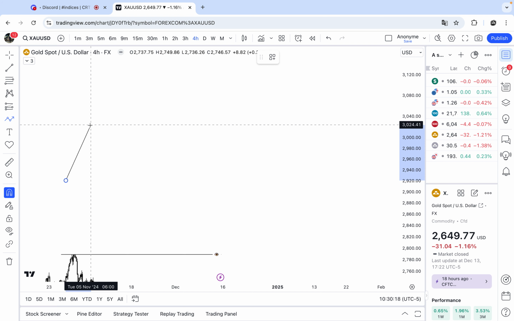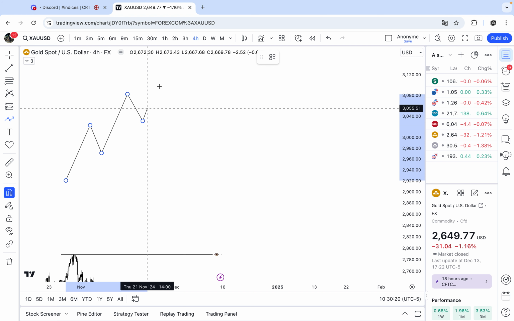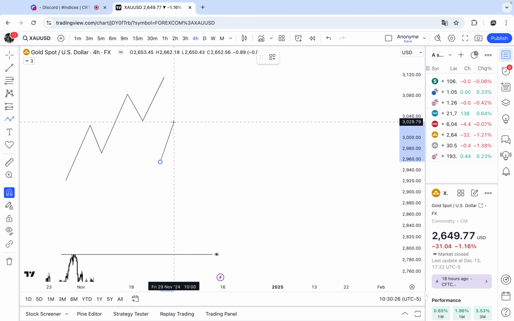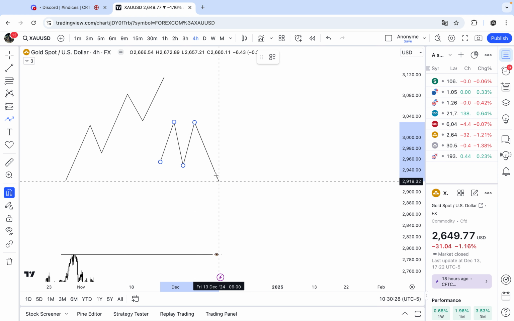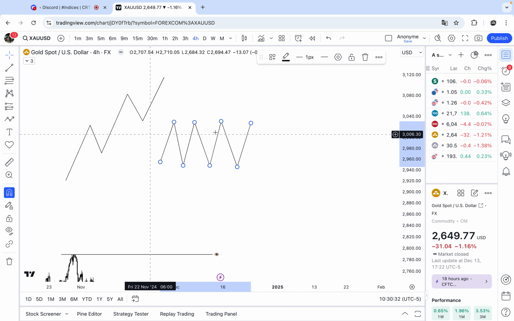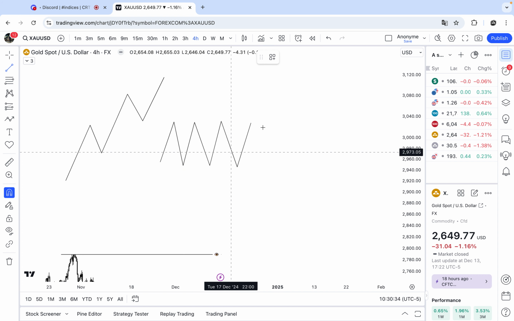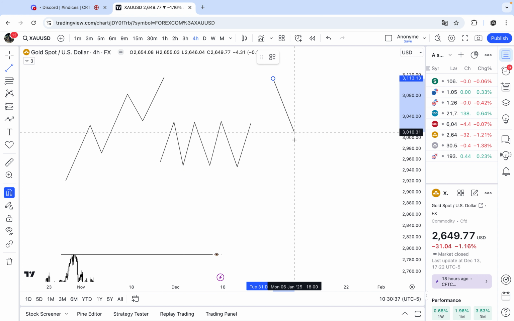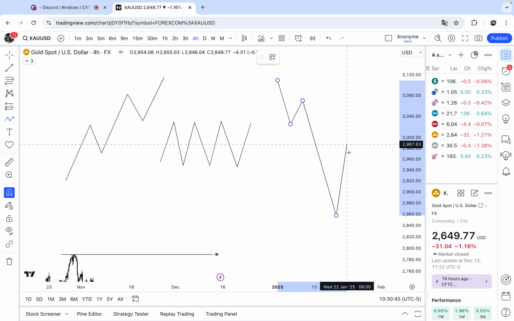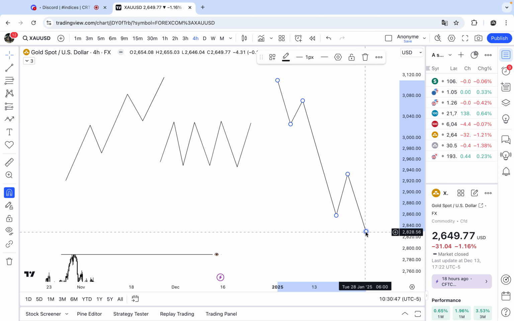You got bullish, we're making higher highs and higher lows. We got consolidation, so we're stuck in a range. And we got bearish, which is lower highs and lower lows, right?